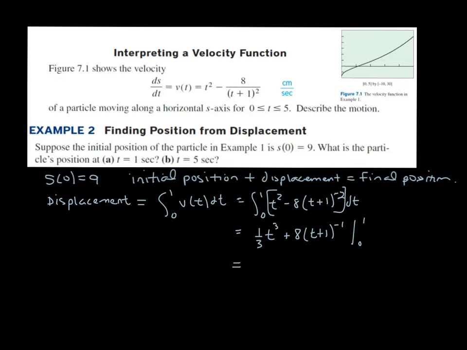Plugging in the upper bound, we get 1/3 plus 8 over 1 plus 1, which is 8 over 2. Subtracting 0 plus 8, that'll give us 1/3 plus 4 is 4 1/3, minus 8 will be negative 3 2/3, and that will equal our displacement.